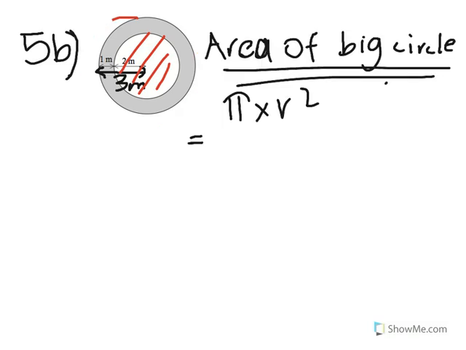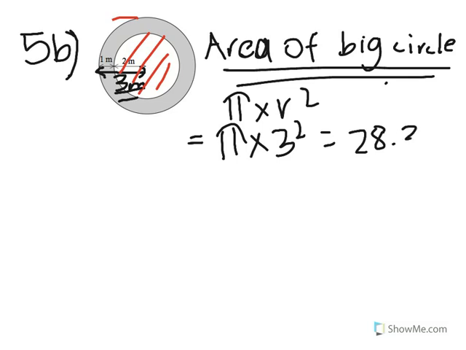Okay, so now if we look at the area of the big circle, the radius is nothing but 3 meters, as I've marked it here. And so to find the area again, it's pi times r squared. So pi times 3 squared, which gives us an answer of 28.27, but 28.3 since we're doing it in three significant figures.